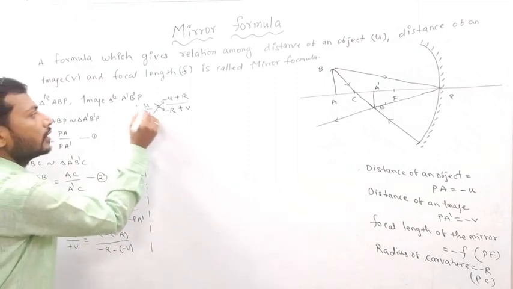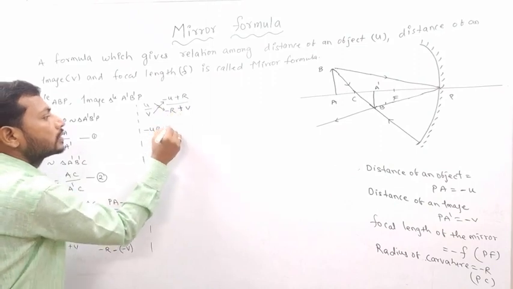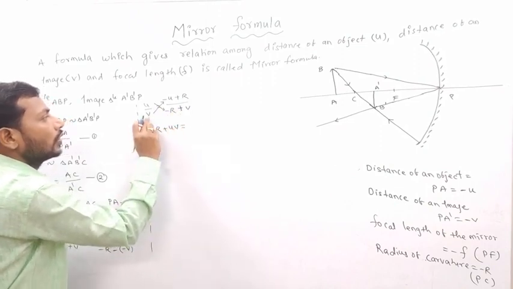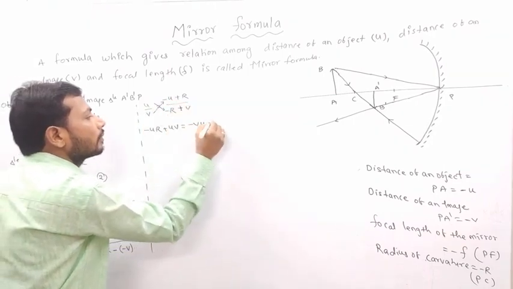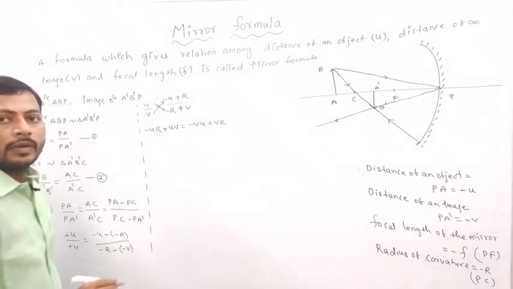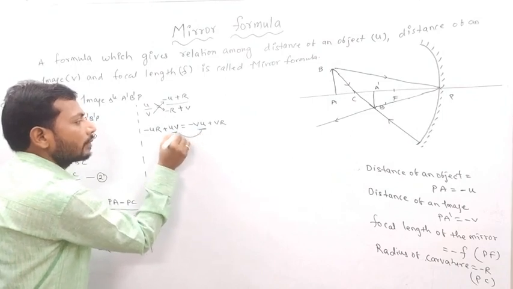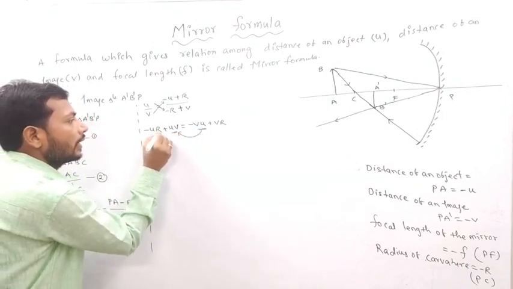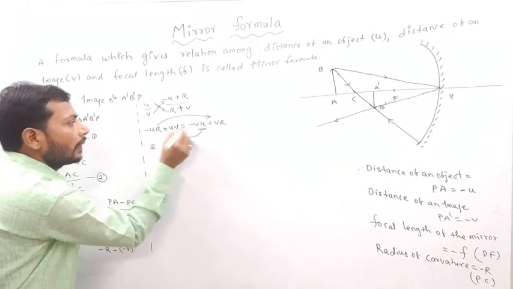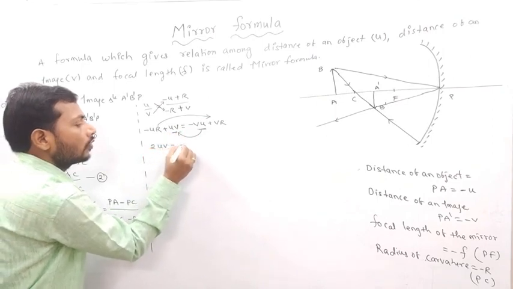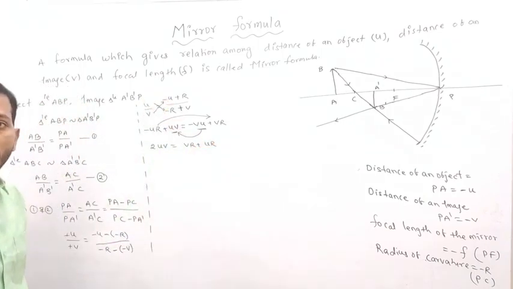Now I am getting U into minus R, minus UR, U into V, plus UV, equals to V into minus U, minus VU, V into R, plus VR. Now observe, children, UV minus UV, this is plus UV. I am bringing this term to this side. This minus term I am bringing to this side. So now you are going to get UV plus UV, 2UV equals to VR plus UR, children. I hope you got this equation.